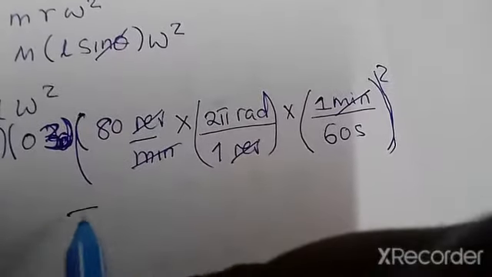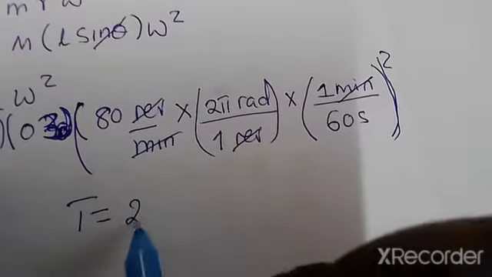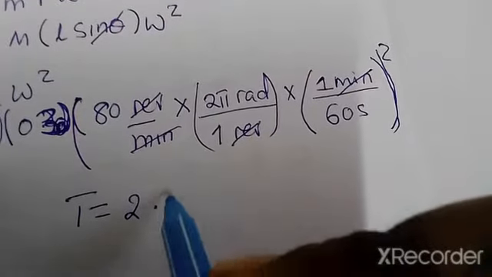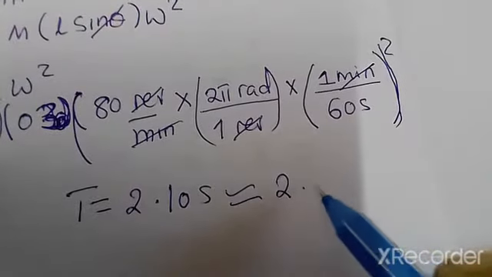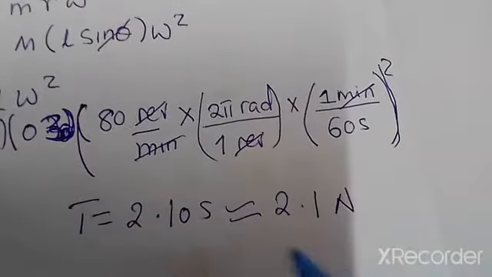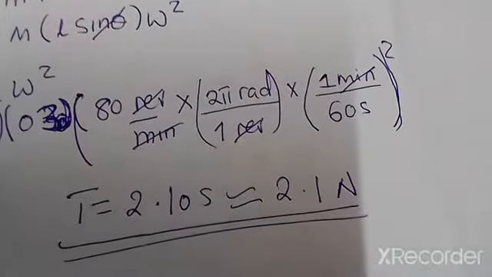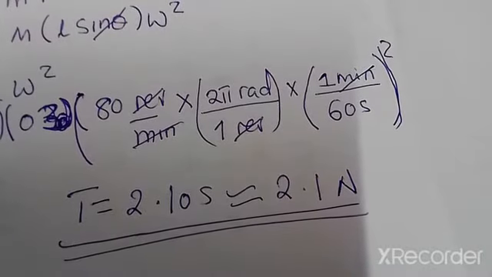So we'll be able to get the tension as 2.105, which we can equate to 2.1 newtons. Okay, so that's the tension in the string.